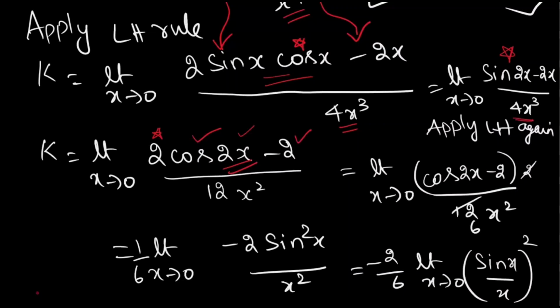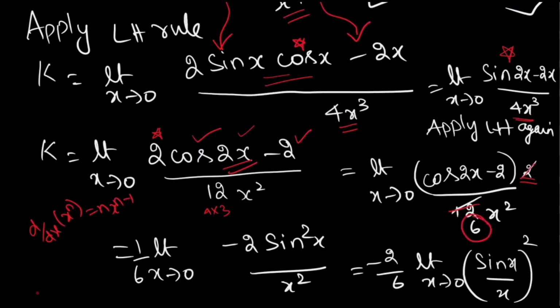If I differentiate, 4 3s are 12 x square. It is d by dx of x power n is n x power n minus 1. And now we can take 2 common from the numerator as well as the denominator. Denominator 12 and numerator 2, if it gets cancelled, we'll get 6.